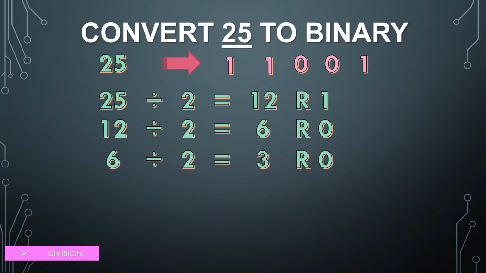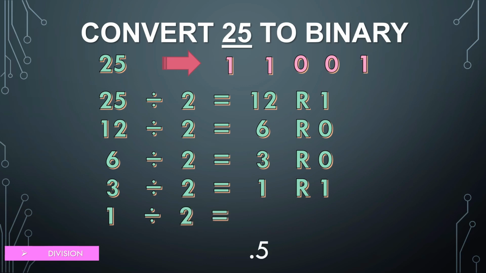Next, 3 divided by 2 is equal to 1.5. So we write 1, and the remainder is 1. Next, 1 divided by 2 is equal to 0.5, meaning we put 0 and remainder 1.